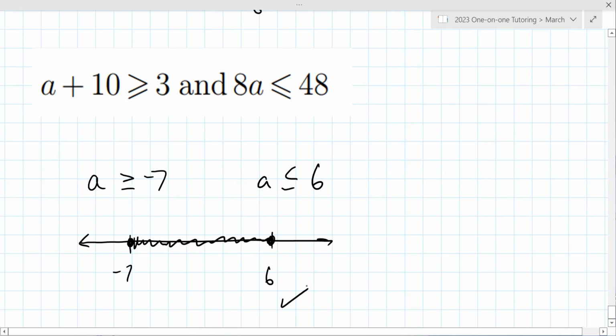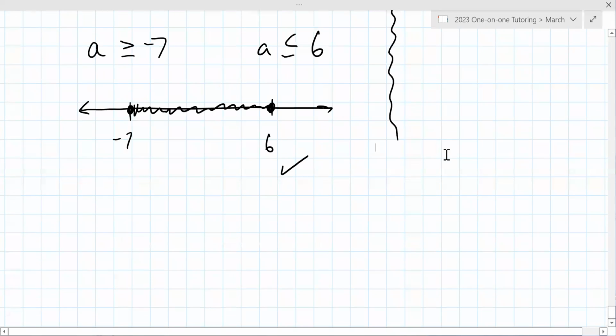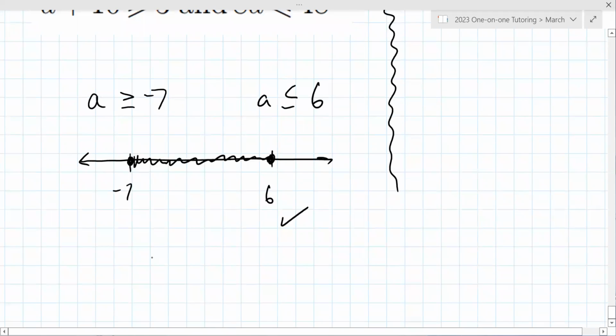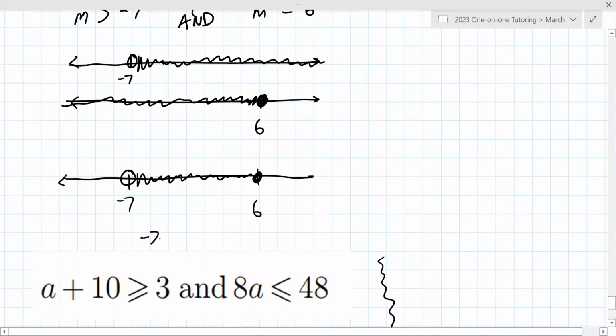Perfect. Okay, so here's where we're going with this. Actually, I should have done a little bit more here. This bottom one becomes -7 less than or equal to A less than or equal to 6. The previous one is -7 less than m less than or equal to 6.